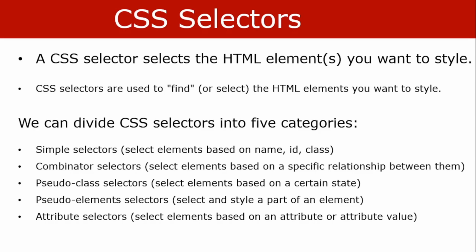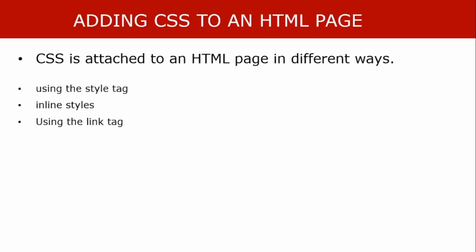They select and style part of an element. And we have attribute selectors, like data attributes. Most of these selectors we are going to meet as we go along in the course, so you don't have to worry about all this.